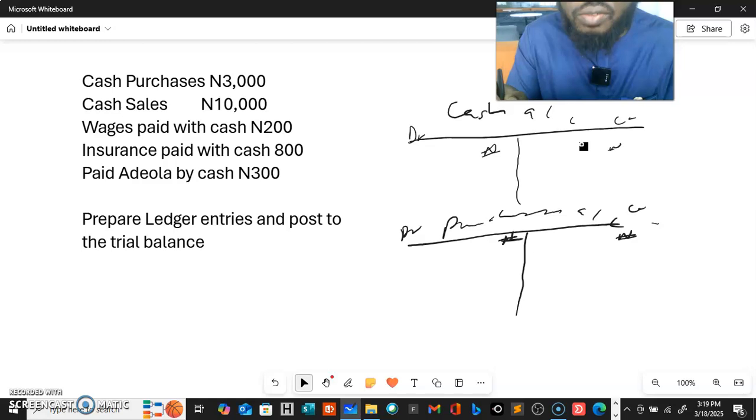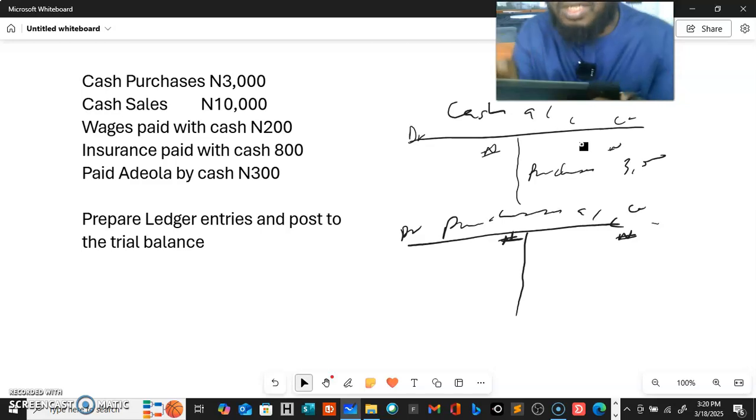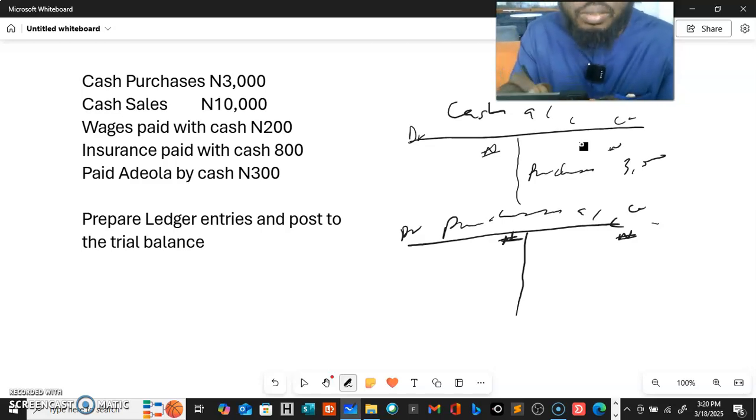So we have two accounts involved here: the cash account and the purchases account. For the cash account, we are paying with cash, so we credit with the value of the purchases, and that is 3,000. For the purchases account, we have cash, and that is 3,000.